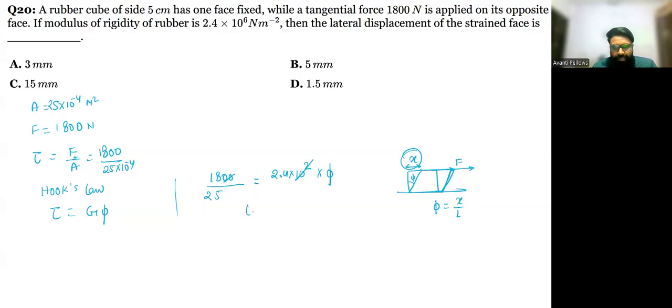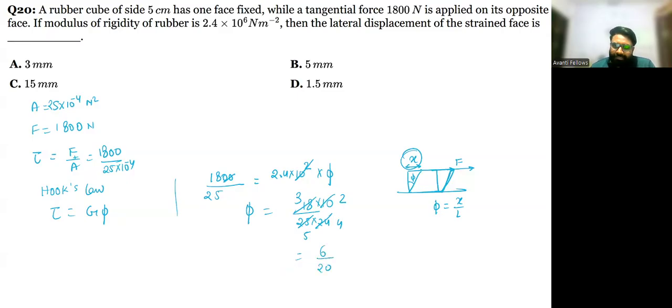So we have phi is equal to 18 upon 25 into 2.4. 10 you can multiply to remove this decimal, so it will become 24. 6 3 is 18, 6 4 is 24, 5 5 is 25, 5 2 is 10. So phi here will become 6 upon 20.